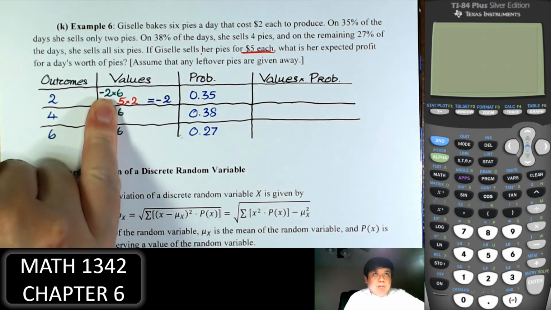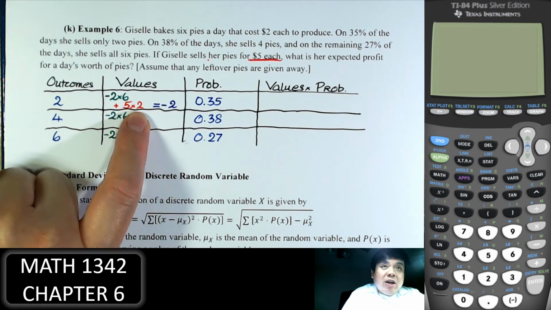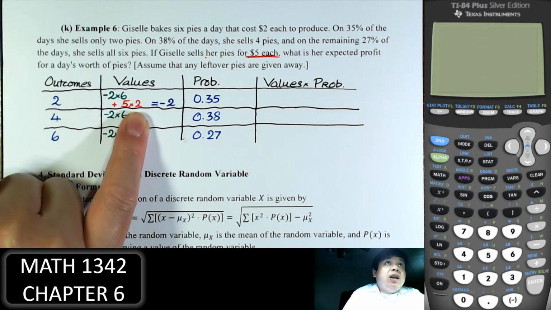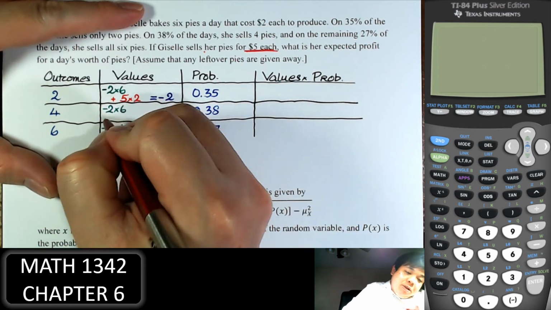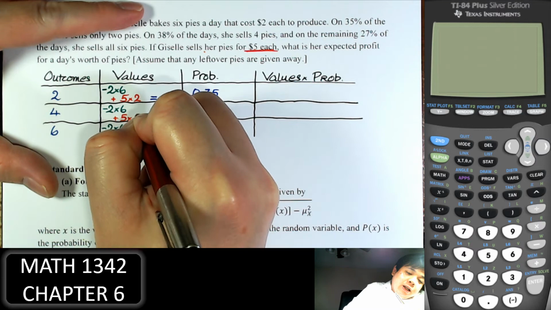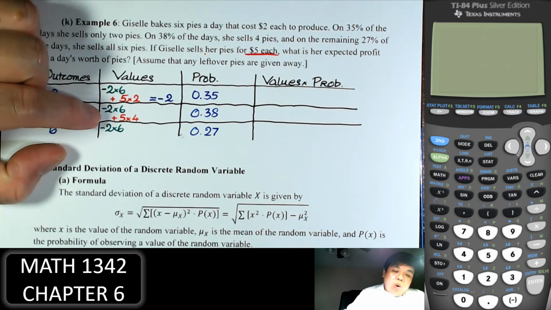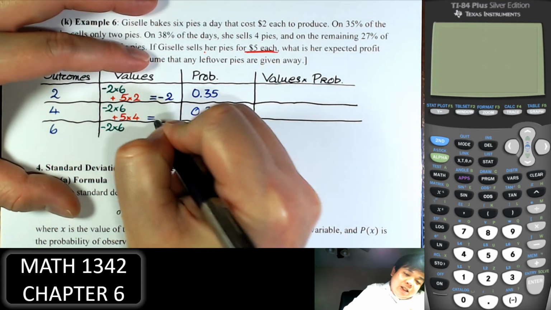She invests $12 and gets back only 10 because she gets $5 for each pie she sells, so -2. Now, if she sells 4 pies at $5 each, so 20 minus 12, that will be +8.